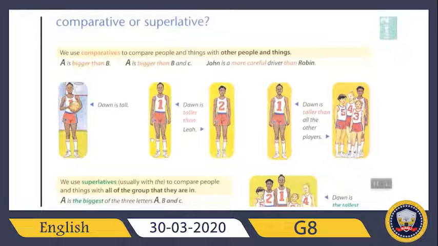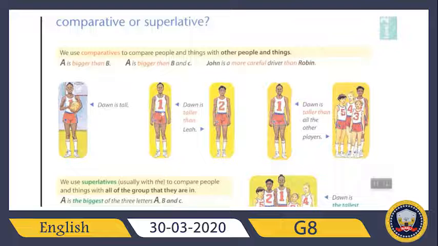As you can see, we use comparatives to compare people and things with other people and things. For example, here we want to compare two sportsmen. We say Dawn is tall. Dawn is taller than Lee. As you can see, this is Dawn here, who is painted here.